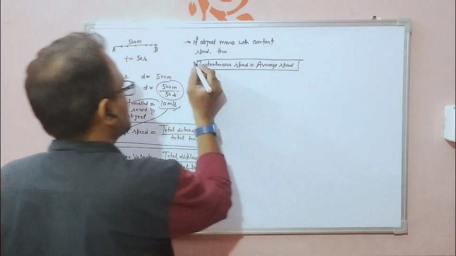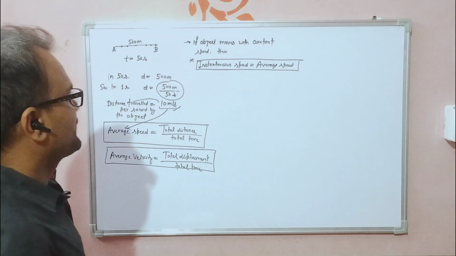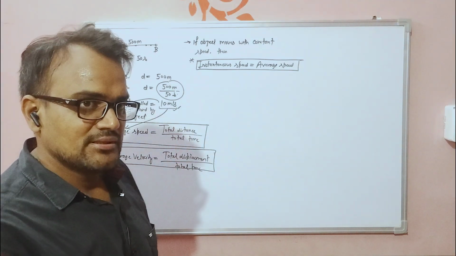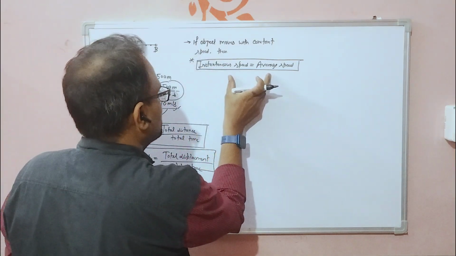A very important thing here, so let's make a star mark. Similarly, if we consider the object moves with different speeds at different instants of time, then of course this is not going to be true.